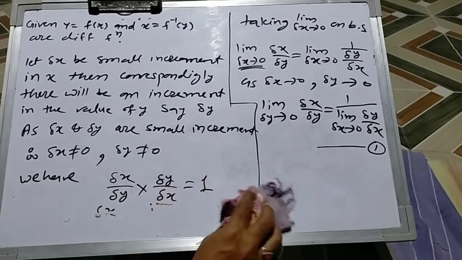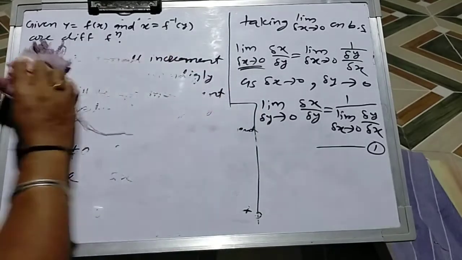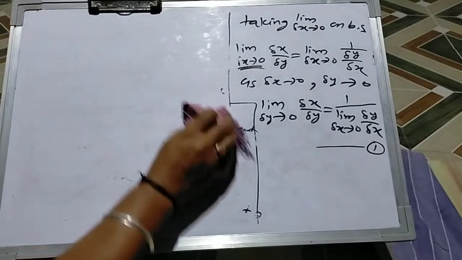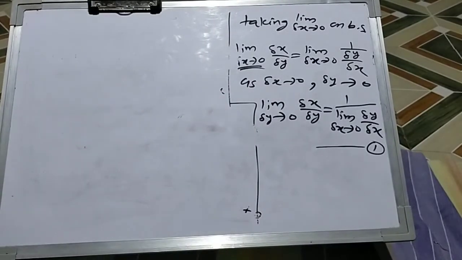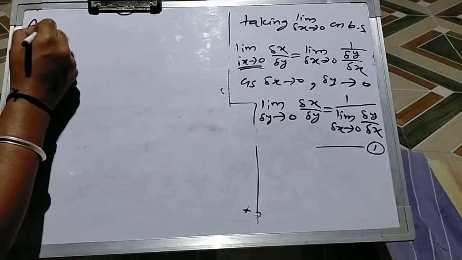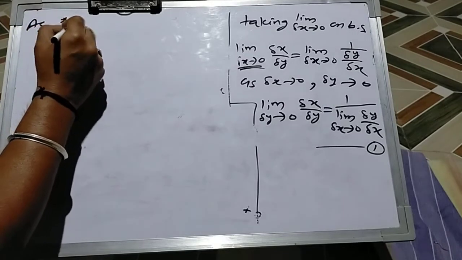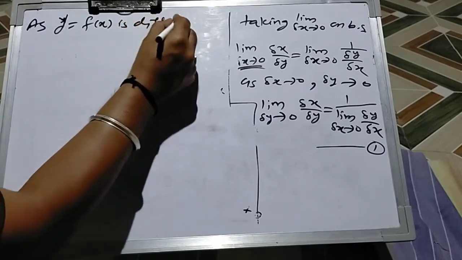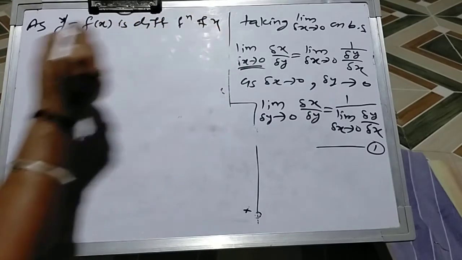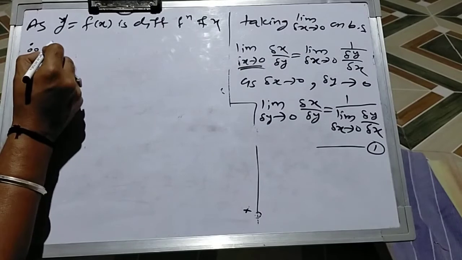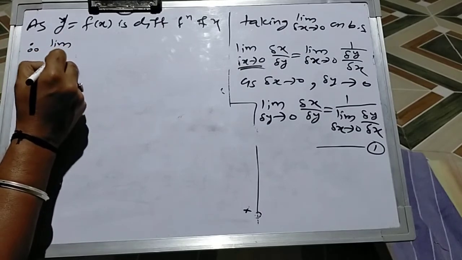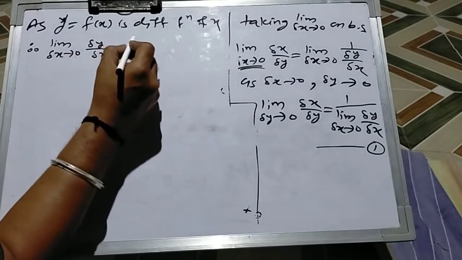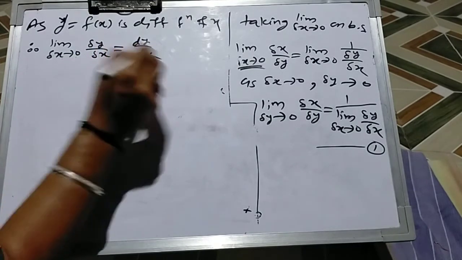Now here it is given that y equals f of x is a differentiable function of x, so therefore limit delta x tends to 0 of delta y divided by delta x equals dy by dx.